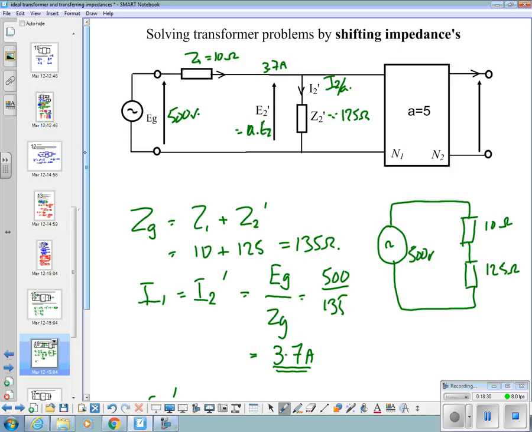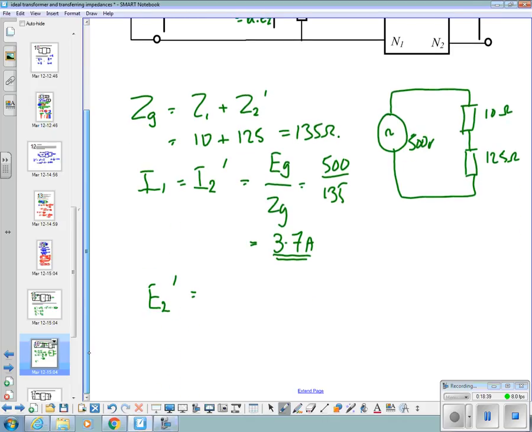If we've got the current going through a resistor and the resistor value, can we calculate the volt drop across it using Ohm's law?